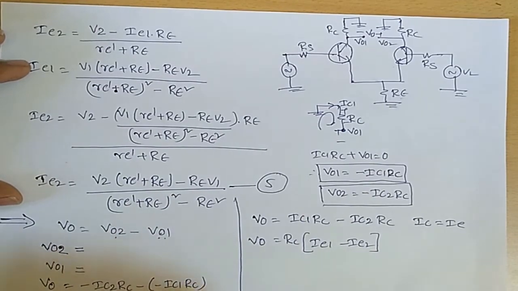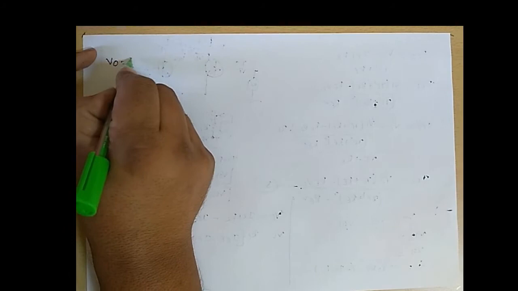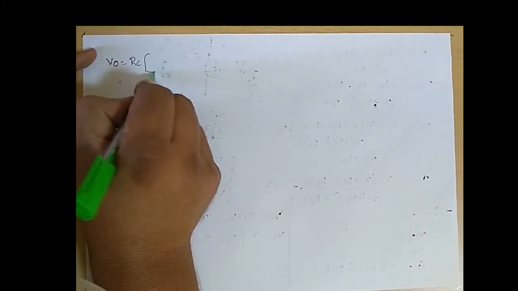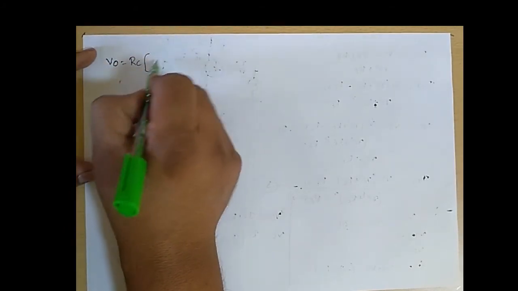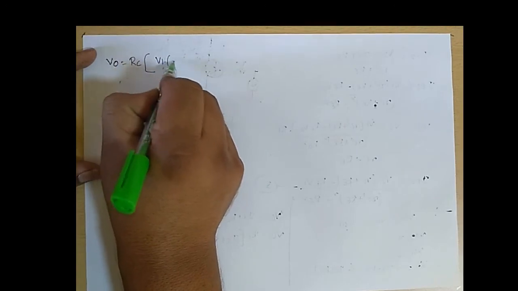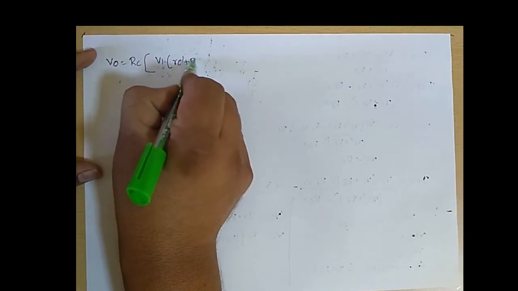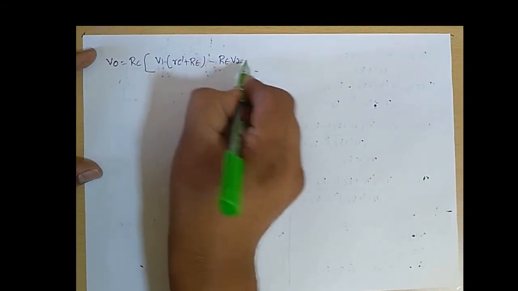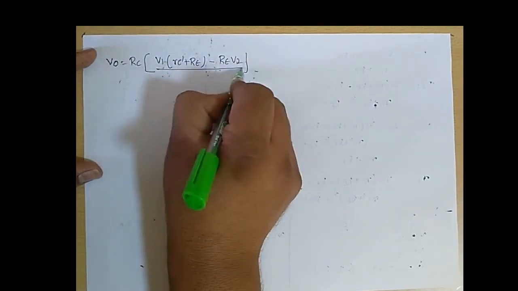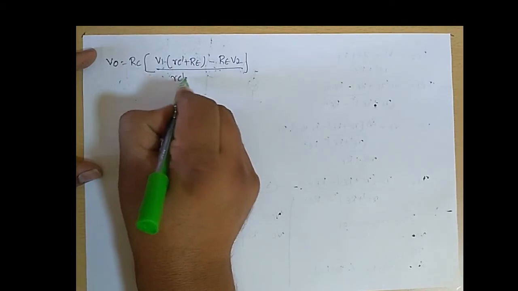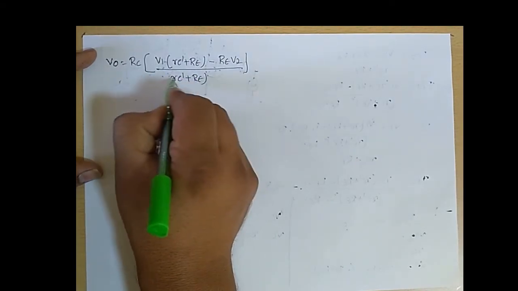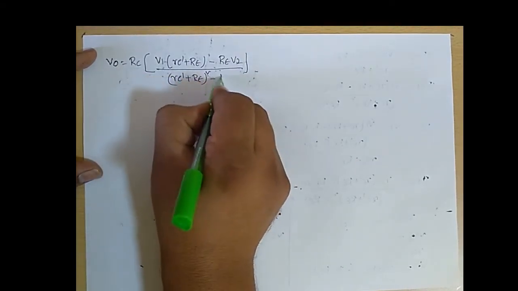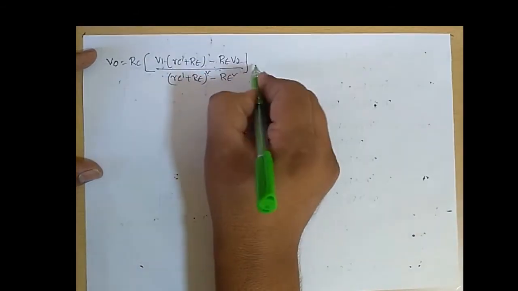That is VO equal to RC of IE1. What is IE1? V1 of (RE dash plus RE) minus RE V2, whole by (RE dash plus RE) whole square minus RE square, minus IE2.